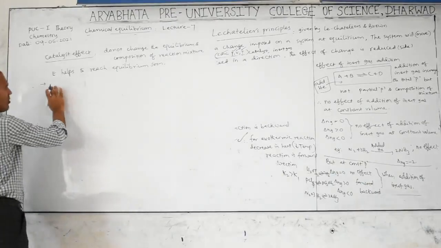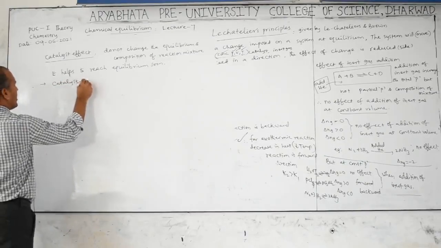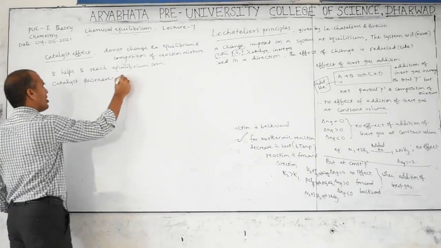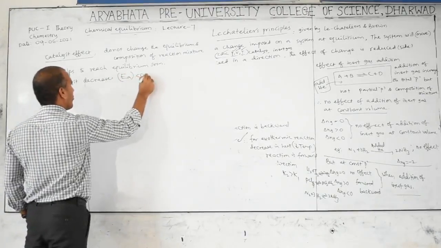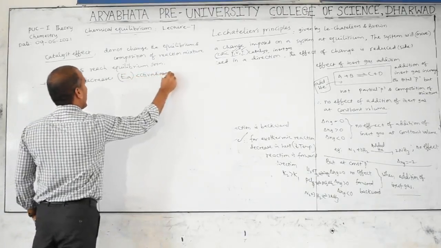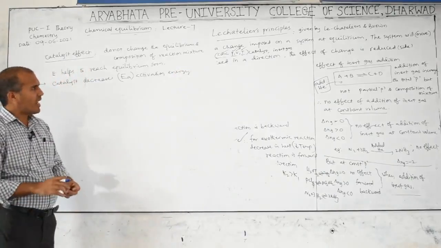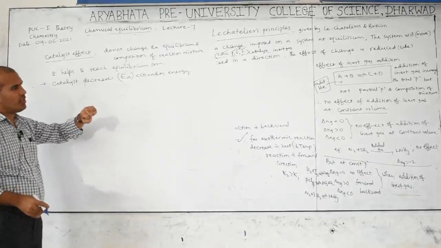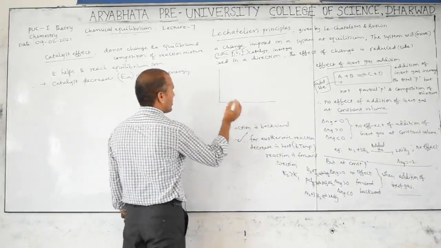So keep in mind, a catalyst decreases the activation energy. Ea means what? Activation energy. When it decreases the activation energy, it is easy for many molecules to reach that position. For example, this is a graph, maybe you will study it next in second year.